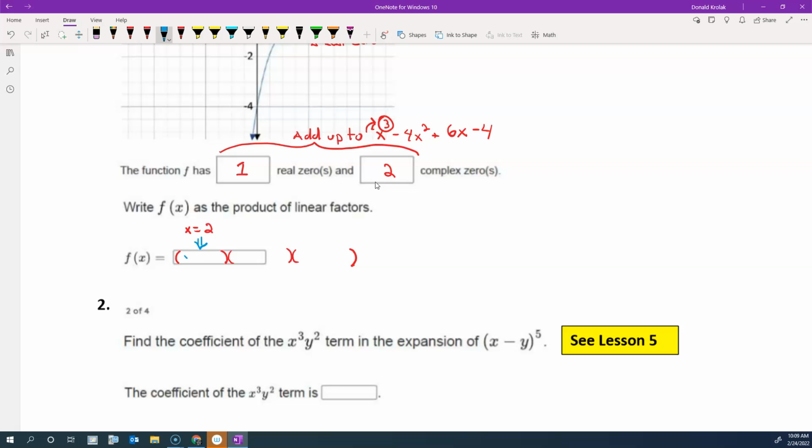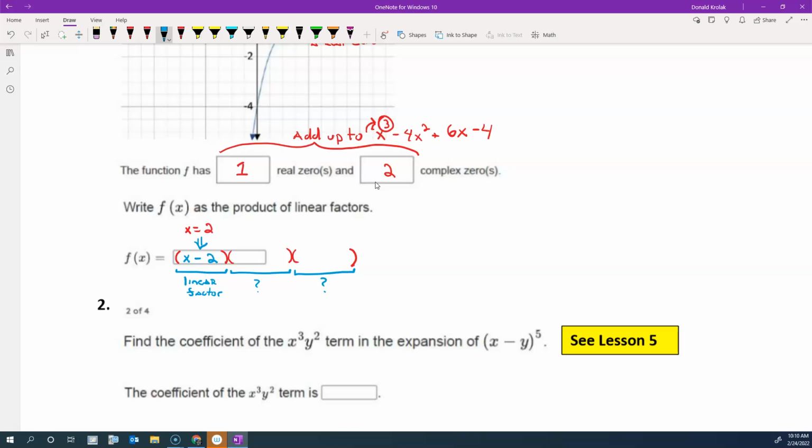That would be the binomial x minus 2. So this is one linear factor. That is a linear factor, and now what we want to do is find the other 2.